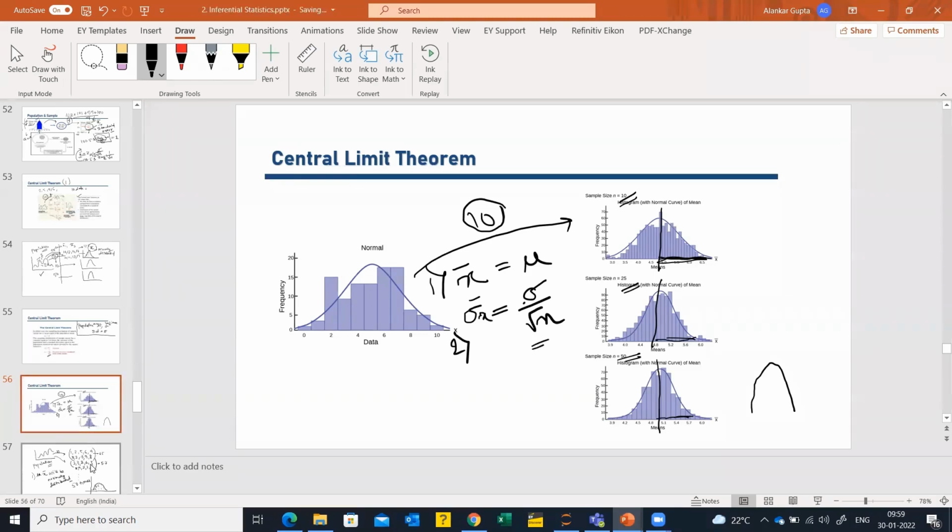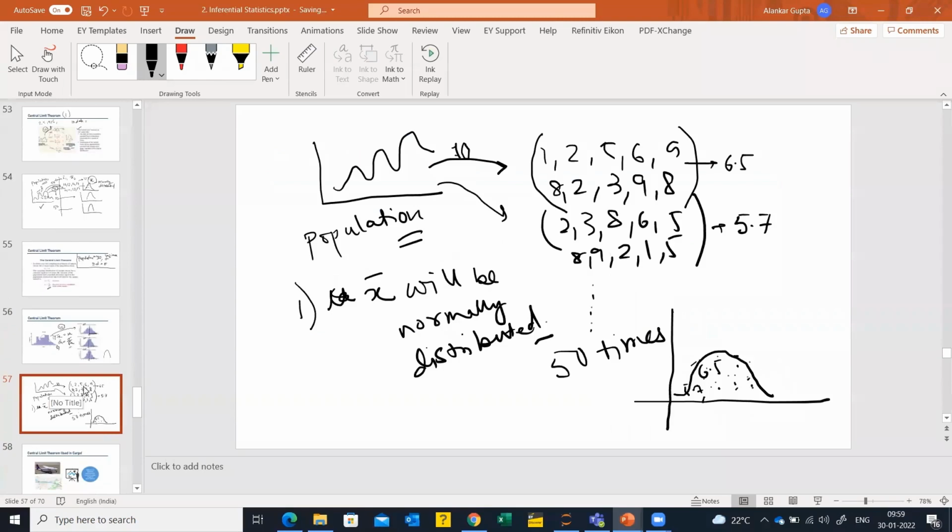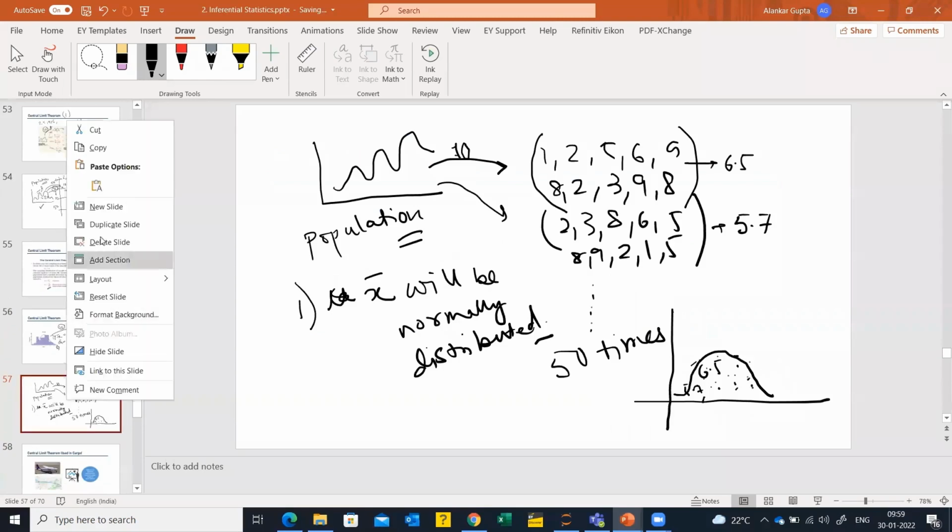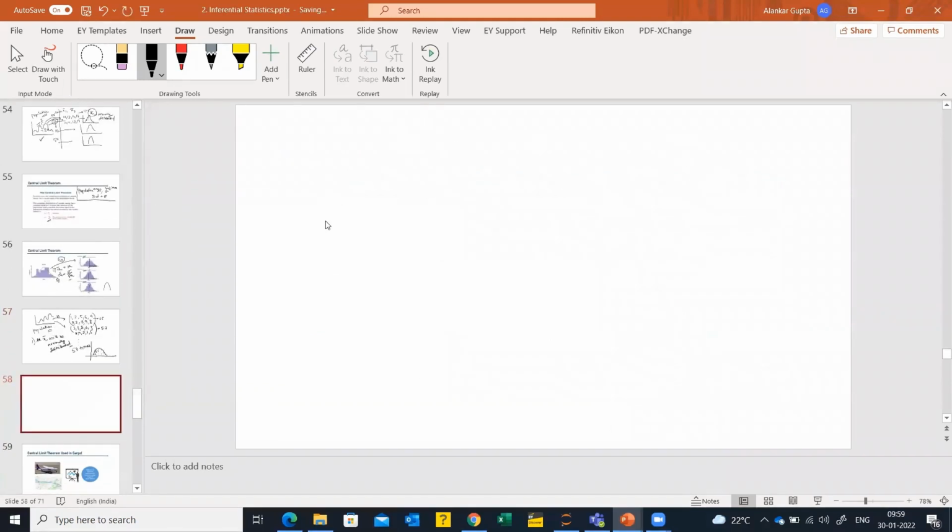Say for example, this is your population and this is your sample.